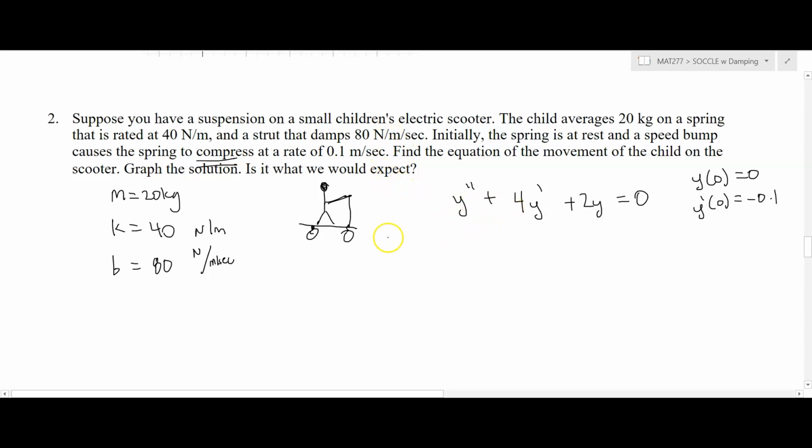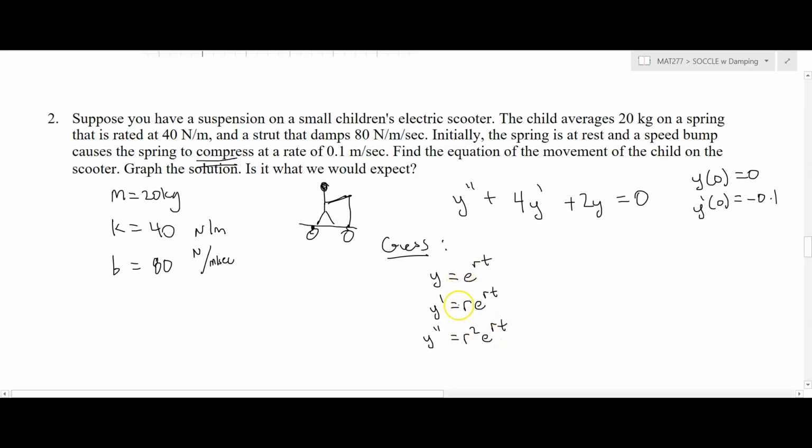And okay, so here, let's go through our guess process again. So we see that it has the first derivative in addition to the second derivative in the original function. So our guess is of the form e to the rt. Its derivative is r e to the rt. Its derivative is r squared e to the rt.